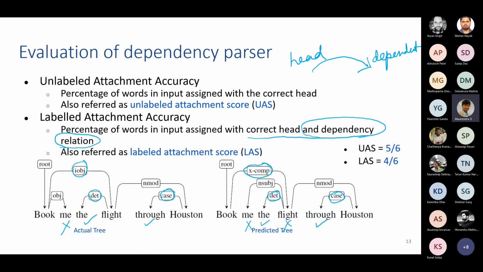And for Houston, it is coming from "flight" with nmod, and the same here. So yeah, here also it's matching. And "book", yeah, it matched. It's connected with null with the label root, and the same thing here. So out of 6, in 4 cases we were able to match with the actual tree. So the labeled attachment score is 4/6.